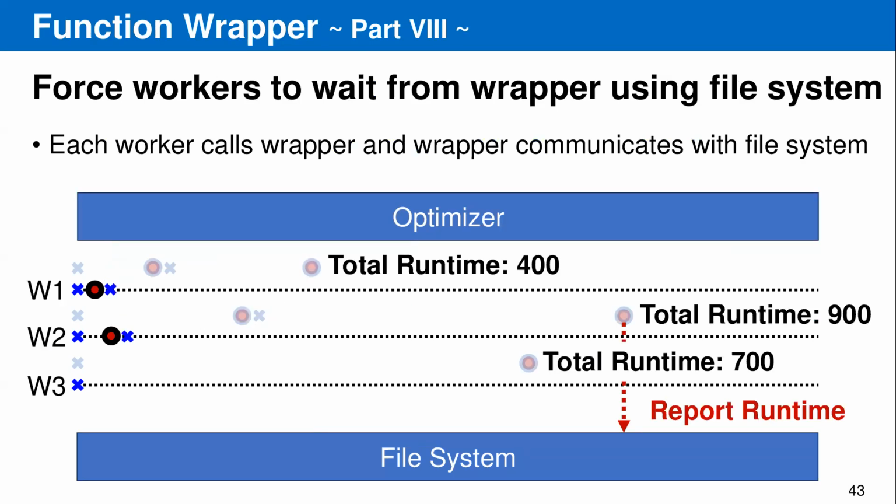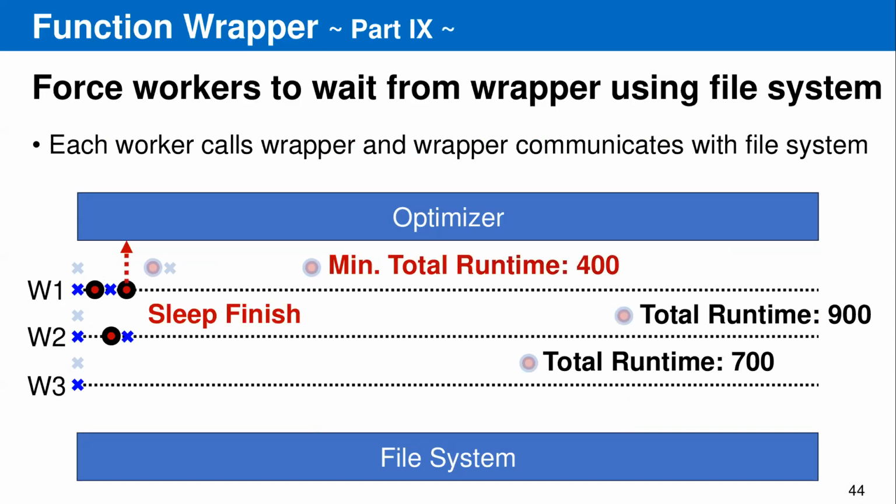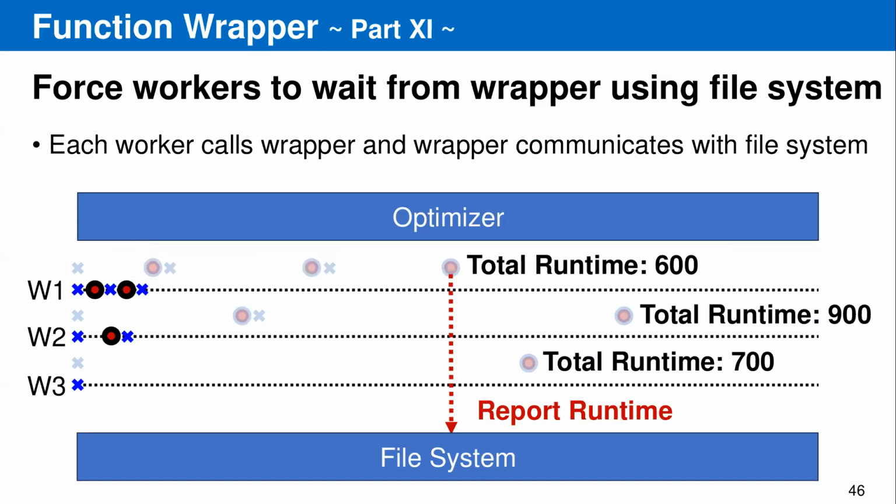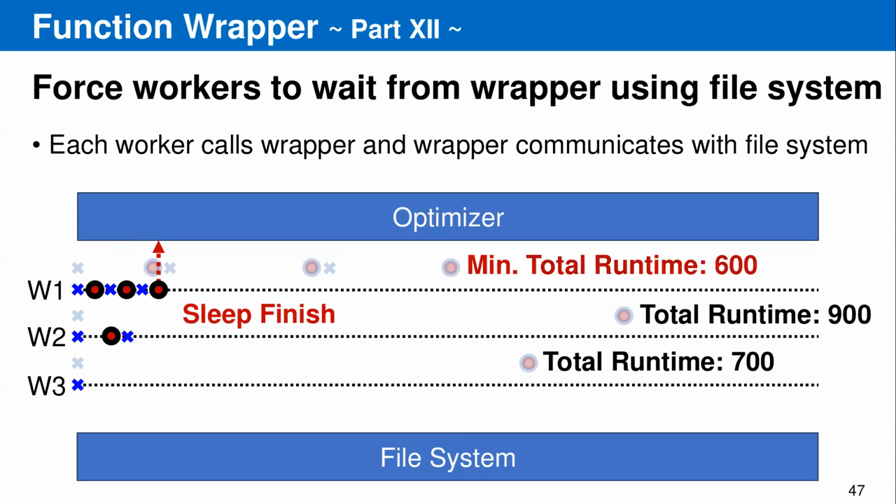The optimizer samples, reports the runtime, updates the total runtime, checks the minimum total runtime, terminates the sleep for this worker, and returns the result to the optimizer.